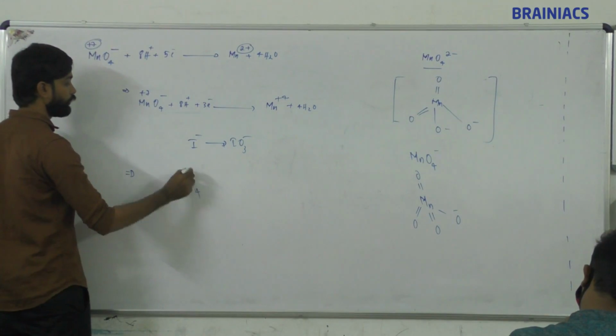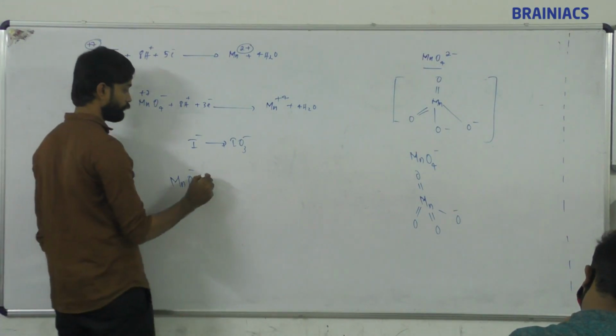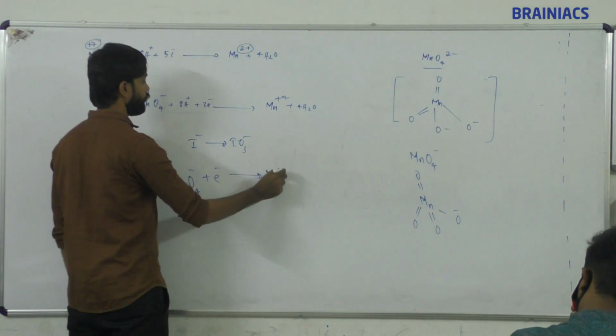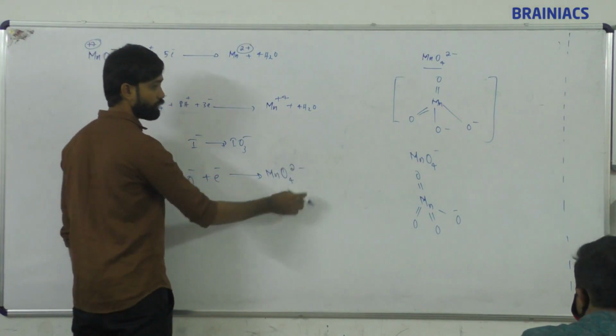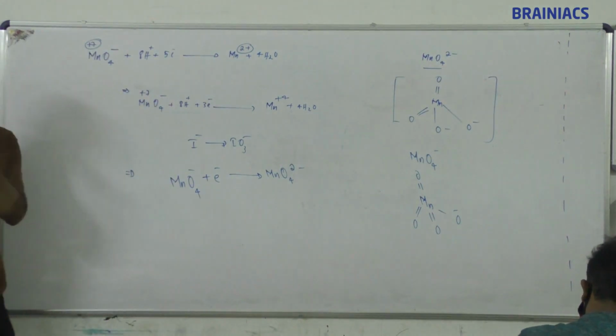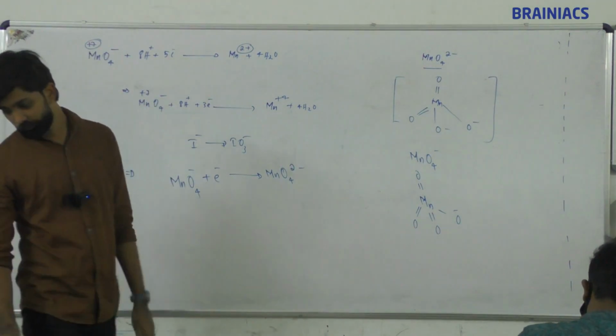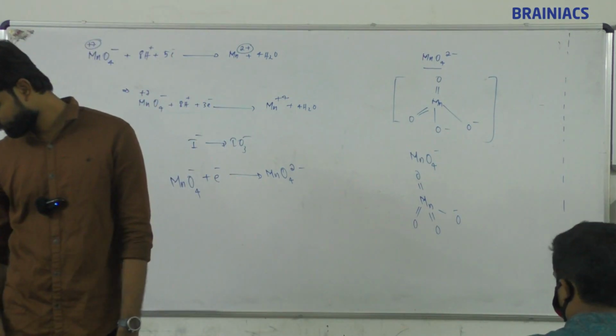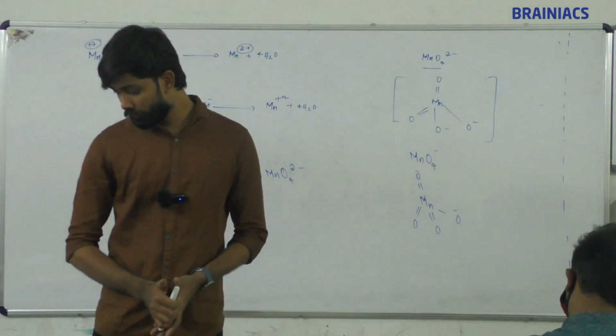The reaction is MnO4 minus plus an electron gives MnO4 2 minus. This is the half reaction. Examples are not given. Ready. Uses.